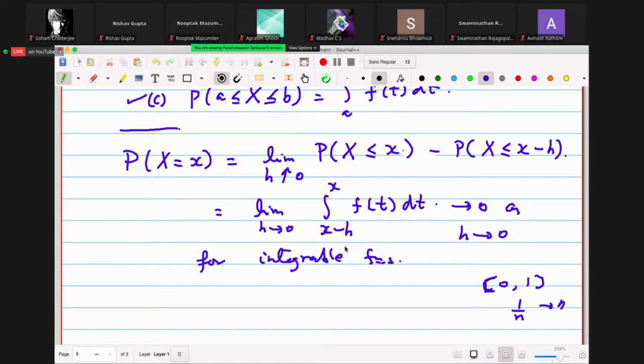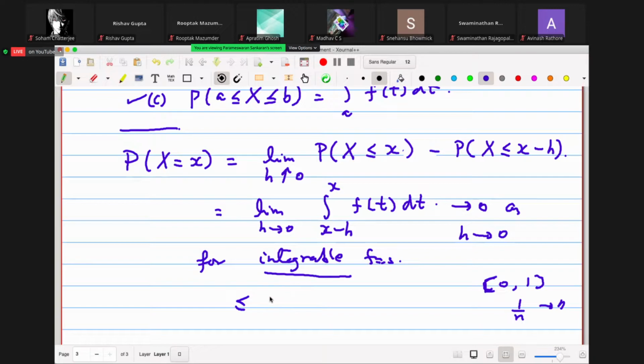But the place where it becomes unbounded has to be a small set. Otherwise, if it's a large set, with positive measure, then the integral would become unbounded.